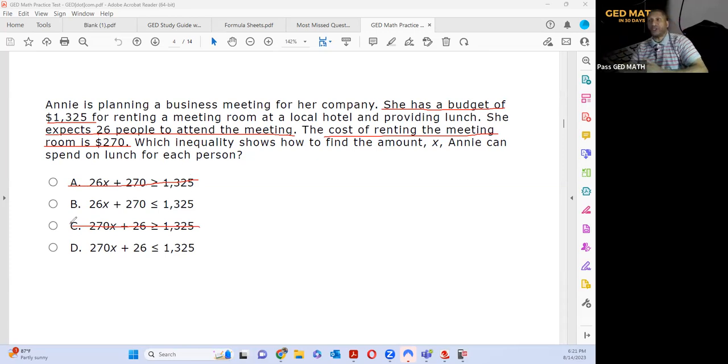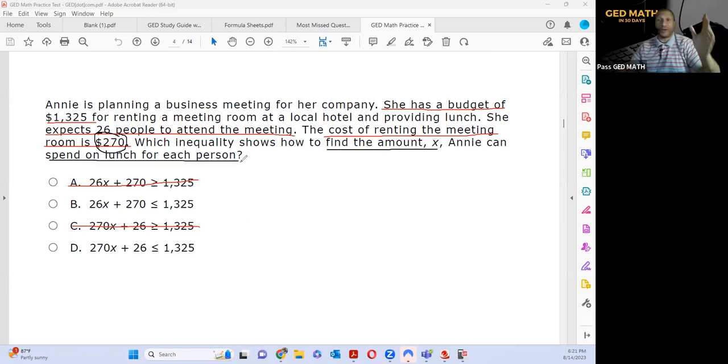Now, what's going to change and what's not going to change? What's not going to change is the meeting room cost. So I need you to understand, this is a constant. No matter what the price is for lunch, because that's what X is, the amount spent on each person.